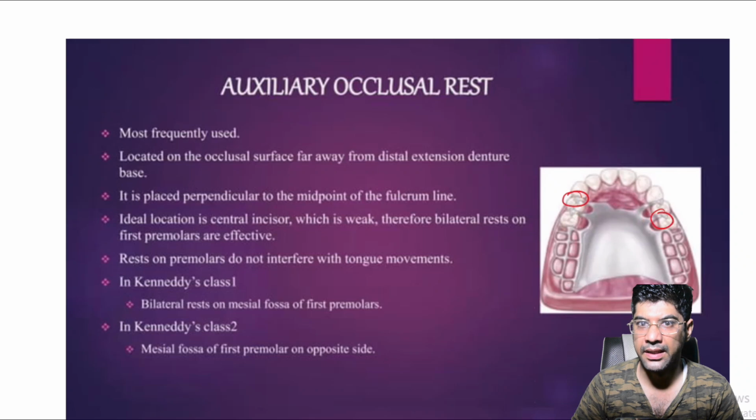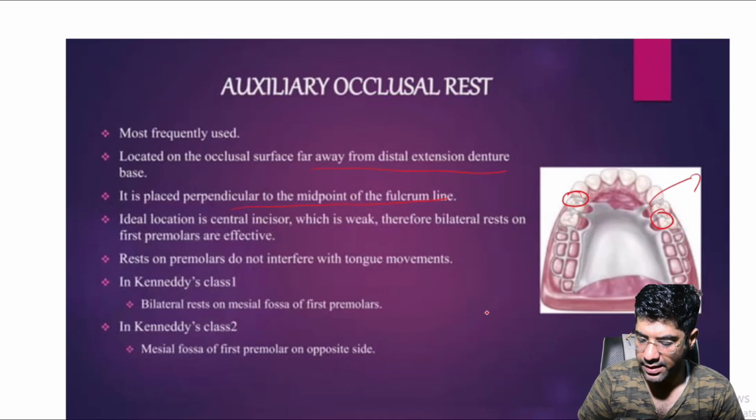Avoid placing it on incisors due to the tipping nature and interference with the tongue. The ideal location is not the central incisor, which is weak; therefore a bilateral rest on the first premolar is effective.